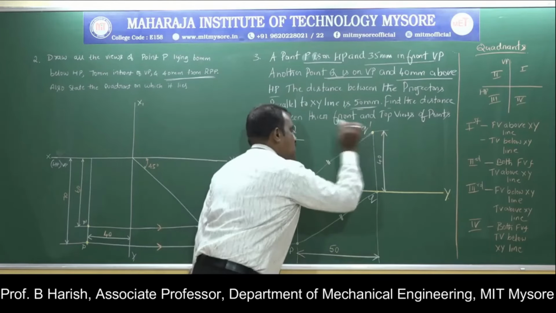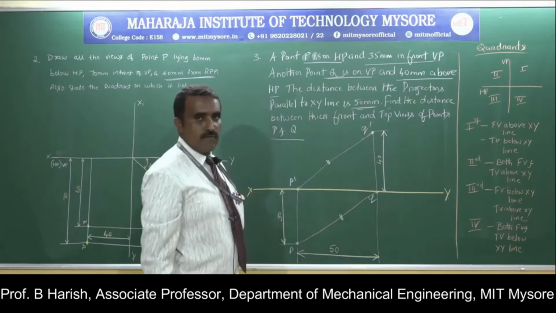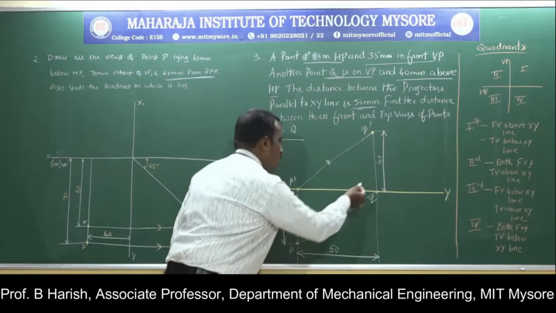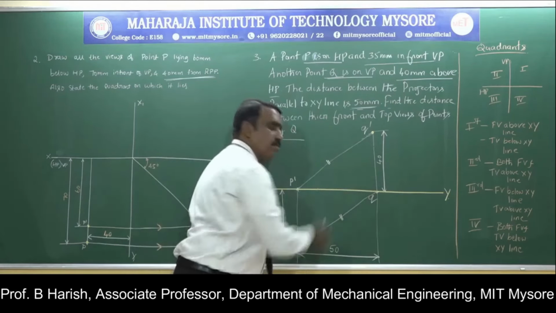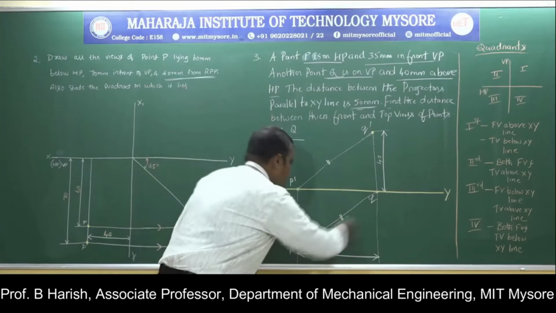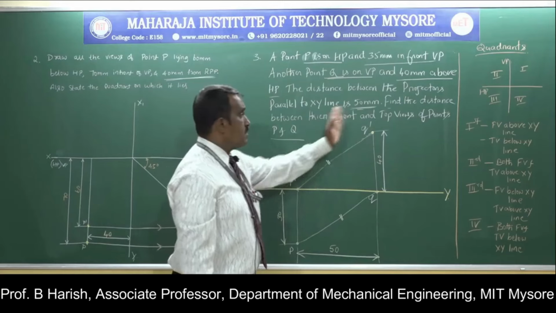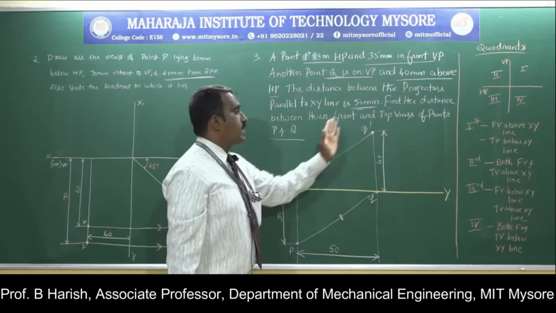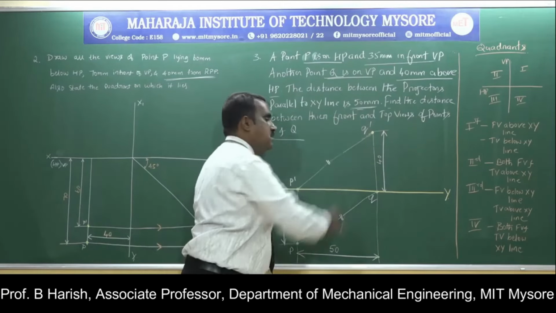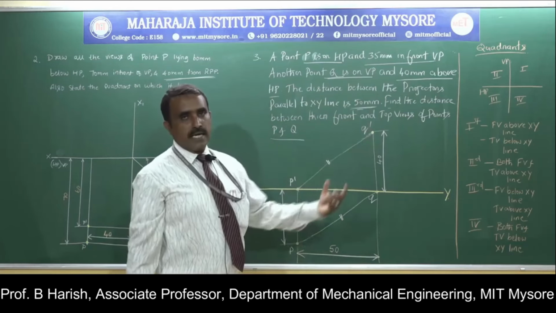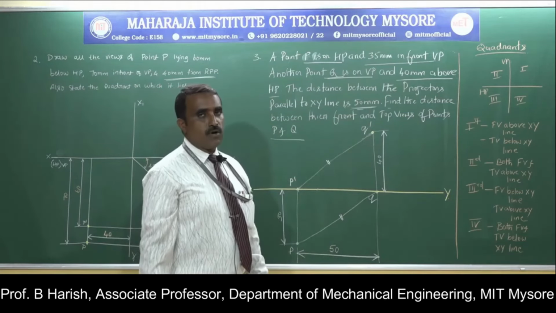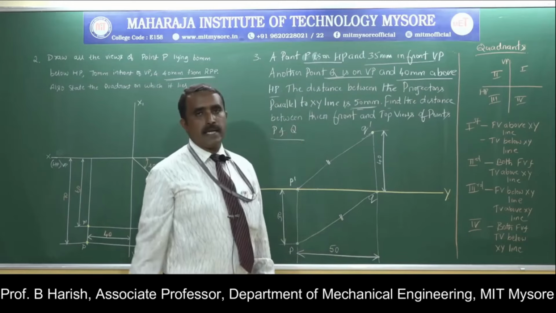You measure this distance, that is the distance between their front views. Similarly, for the distance between their top views, I will join P and Q, the top views. If you measure that distance, that is the distance between their top views. Whatever value you get is the distance between the front and top views of both points P and Q.